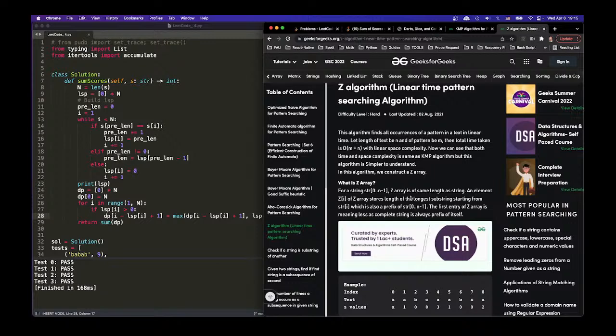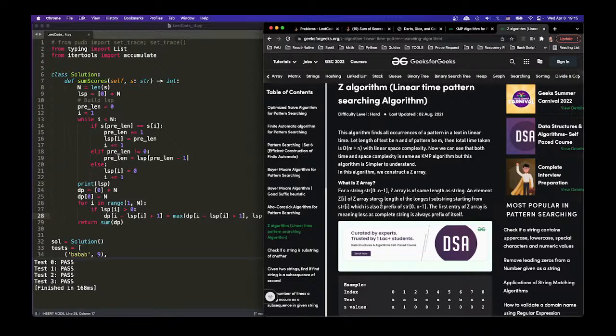For a string, Z array is the same length as a string, and element Zi of the Z array stores the length of the longest substring starting from str I, which is also a prefix. So Zi is the length of the longest substring starting from str I, which is also a prefix of. So that's exactly what it's asking for.